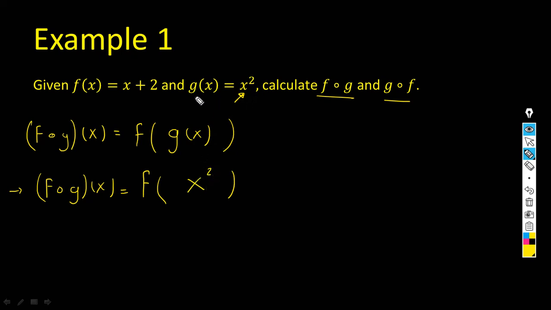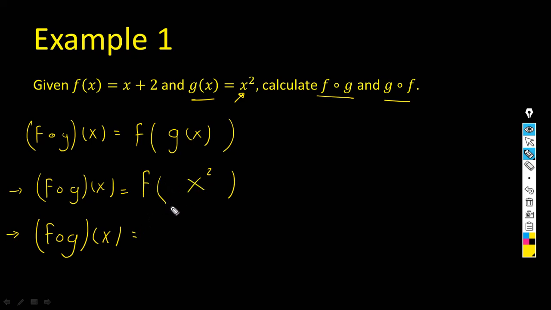Whenever I read g of x, I'm going to put what it is in there. So f of g of x is equal to f evaluated in x squared. And then we continue working.